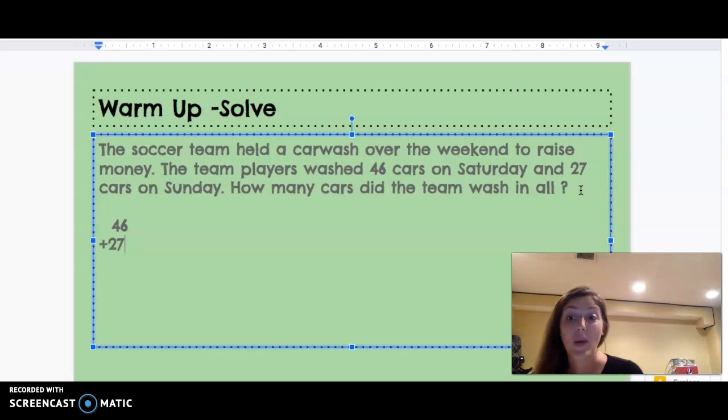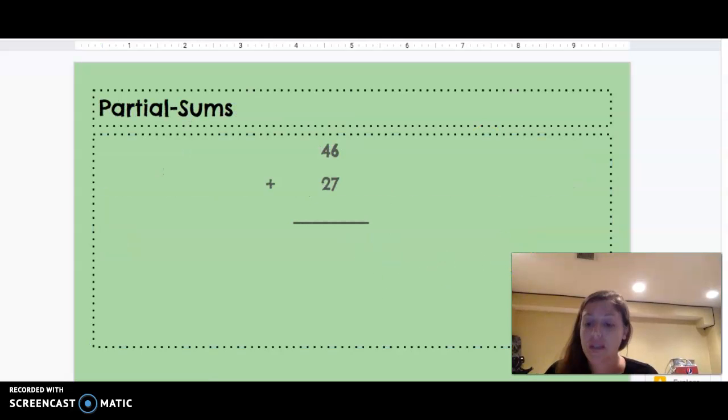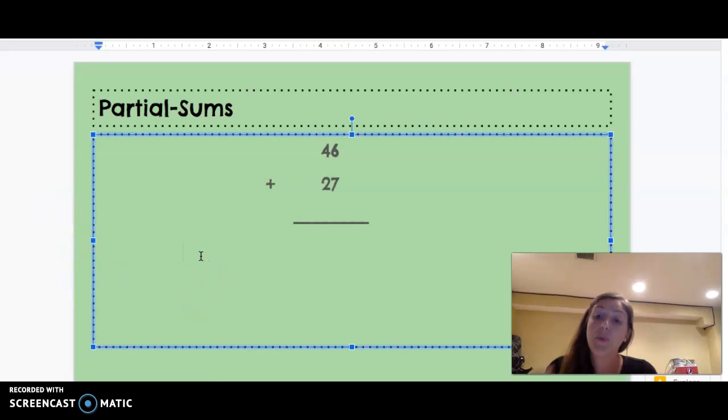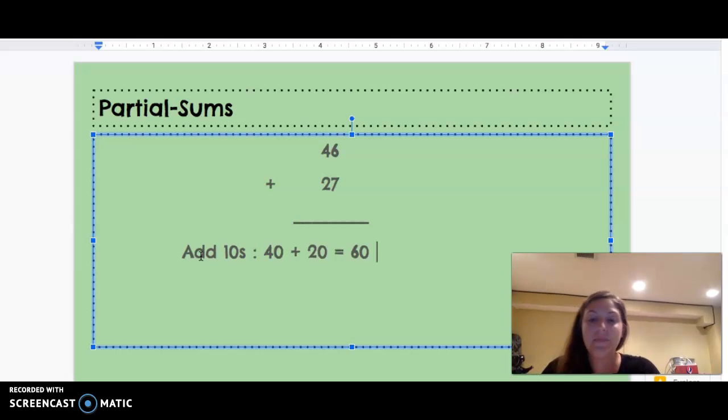There are a few different ways we can use addition to solve problems. One way you might have learned is by solving through the partial sums method. When you solve using partial sums, you break it up by its place value. So for our question 46 plus 27, I would first add the tens. That would be 40 plus 20, which gives me 60.